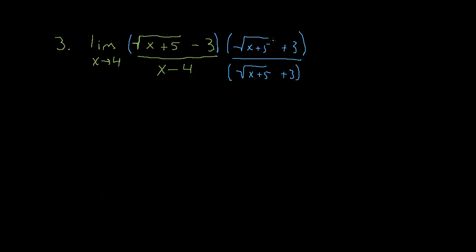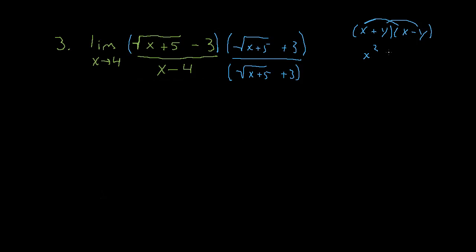Now the reason we chose the conjugate here is you might think back to Algebra 1 where maybe you had x plus y times x minus y. In other words, you're multiplying two binomials that look exactly the same with the exception of this operation. So when you distribute all of these, you get x squared.